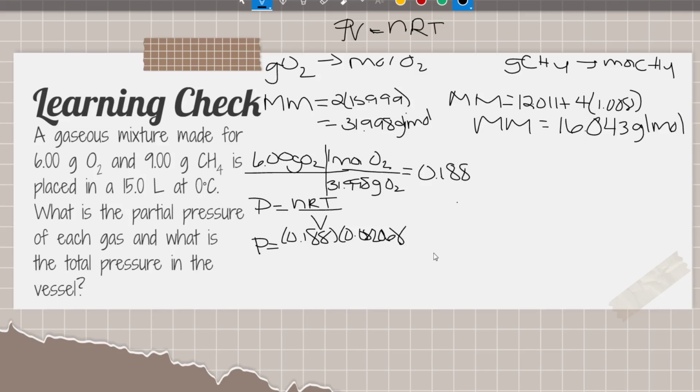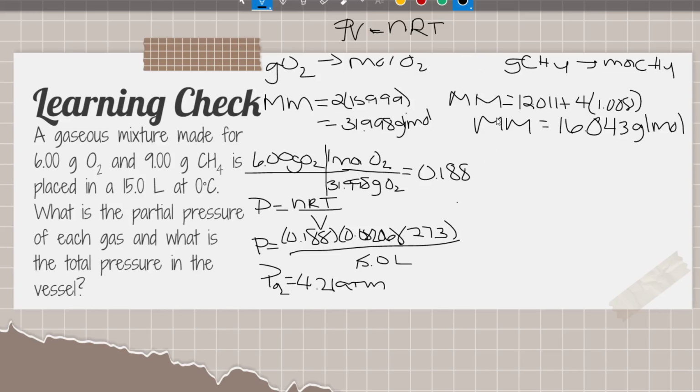And then remember, if we have 0 degrees C, our T is going to be 273 Kelvin. And we're going to divide this by our volume, which is 15 liters. And so our pressure for our oxygen, rounding to 3 sig figs, is going to be 4.21 atm. And so that's our pressure for our O2.